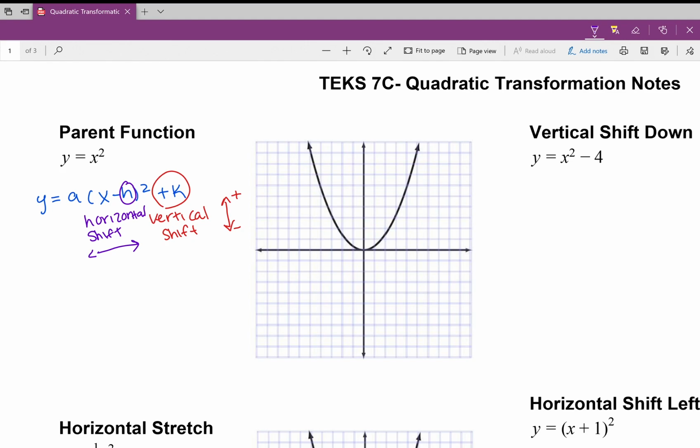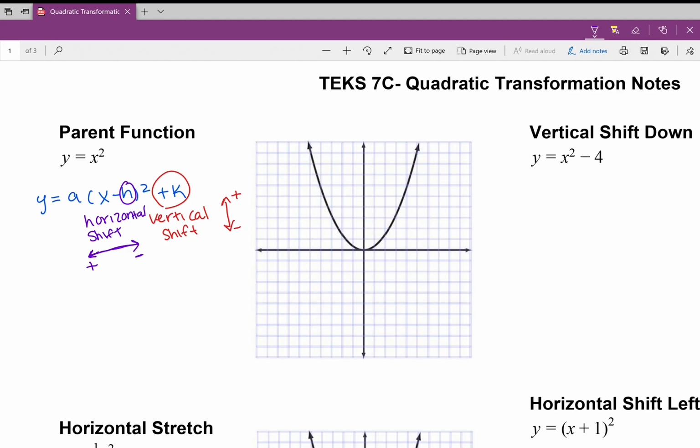The only thing that's different between a horizontal shift and a vertical shift is that with a vertical shift, the directions made sense with the sign. If we went up, it was positive. If we went down, it's negative. With a horizontal shift, if we go to the right, that's going to be a negative h, and if we go to the left, it's going to be a positive h. So this is backwards in thinking.